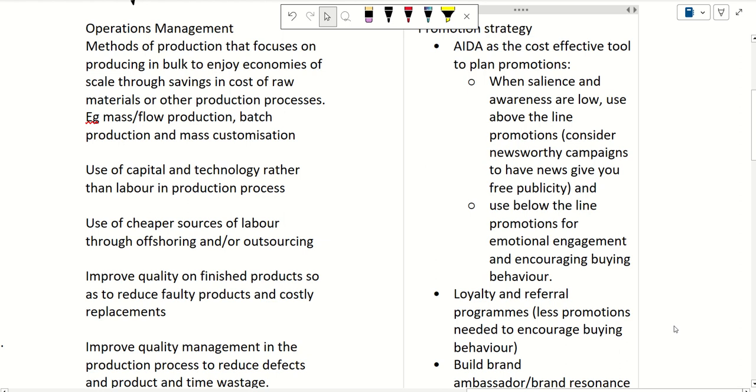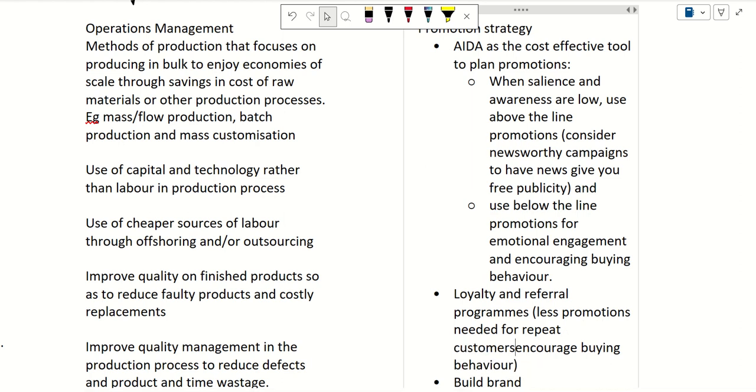You do not need to run so many promotions because these are customers who are already buying from you. So fewer promotions are needed for repeat customers, because they know your product, they know what to buy.